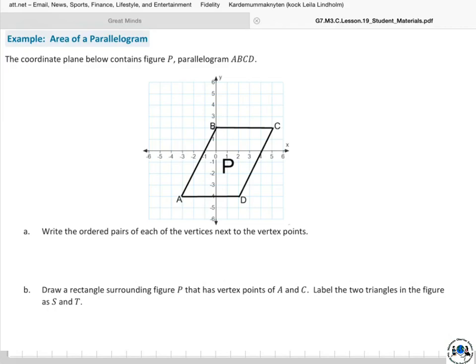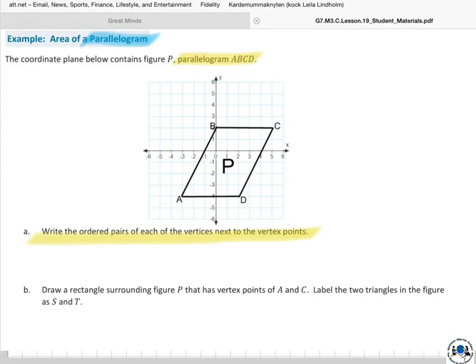Okay, so with no further ado, let's get into an example here, area of a parallelogram. A parallelogram, as we know, is a shape that has, actually, I didn't want to mark those points quite yet. Let's go ahead and get that off of there.